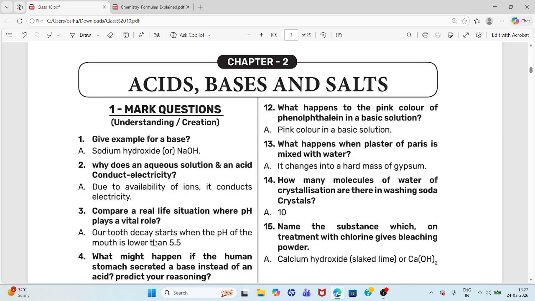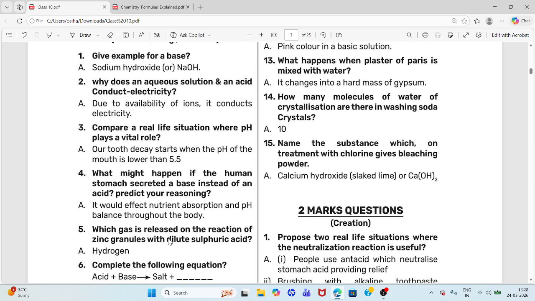Answer: our tooth decay starts when the pH of the mouth is lower than 5.5. So learn this. Fourth question: what might happen if the human stomach secreted a base instead of an acid? Predict your reasoning. Answer: it would affect nutrient absorption and pH balance throughout the body.